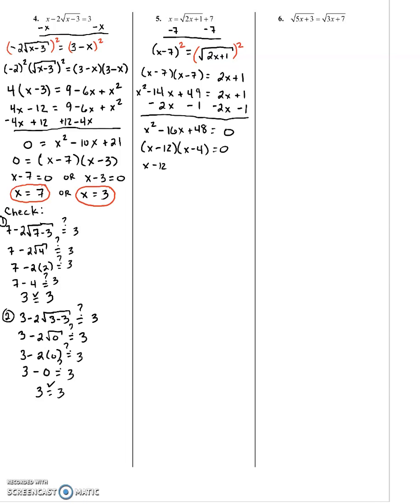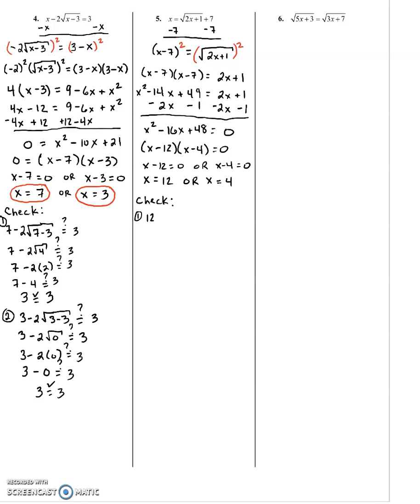So either x minus 12 is 0 or x minus 4 is 0. So x is either 12 or x is 4. And now, of course, we need to check both solutions. So let's start with x is 12.